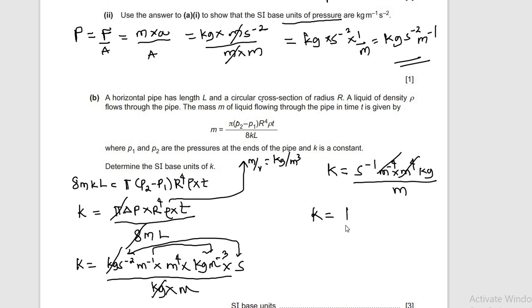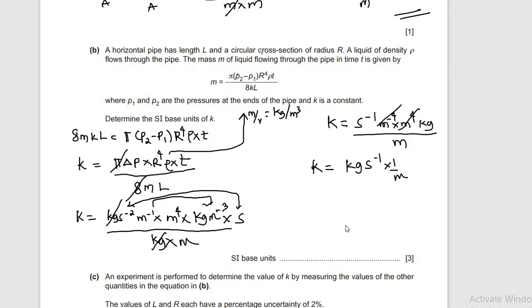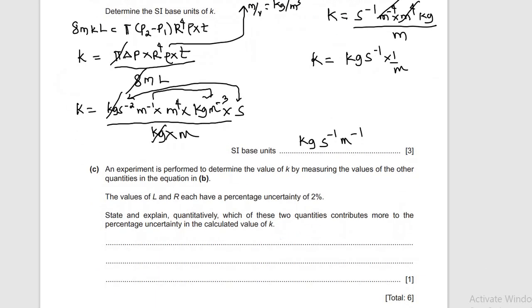We have kilogram, s minus 1, and 1 over m. So the answer will be kilogram, s minus 1, m raised to the power minus 1. That's the SI base unit of K from the model expression.